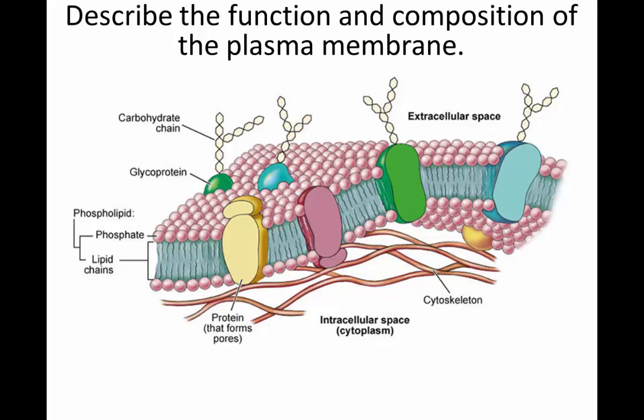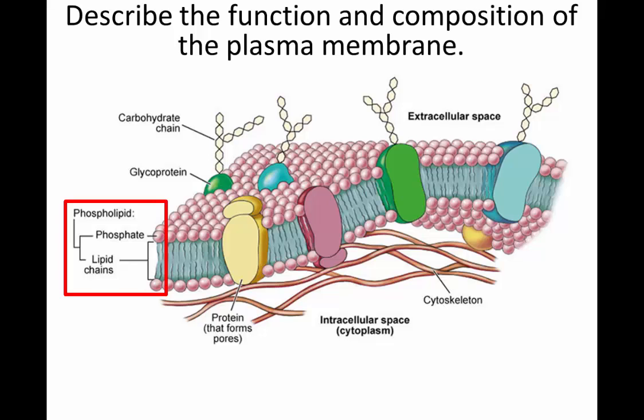There are a number of different chemicals here, and we've looked at some of these already, that divide the inside of the cell from the outside of the cell. The terms we use for that are the extracellular space, meaning the space outside of the cell, and the intracellular space, meaning the cytoplasm that we'll look at later, the liquid and the chemicals that are inside the cell.